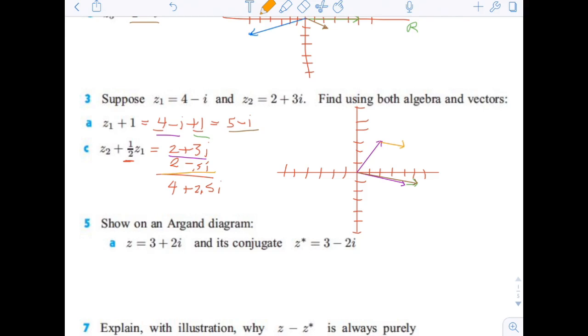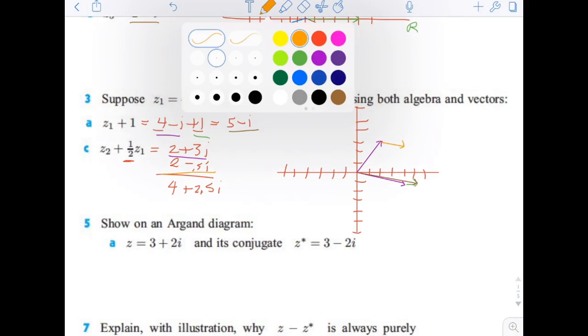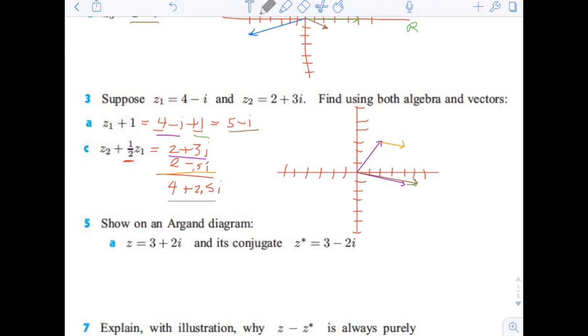So the resultant vector here would be 4 plus 2.5i. So it would be that. All right, so we found the answers both by adding vectors algebraically and also by using vectors.